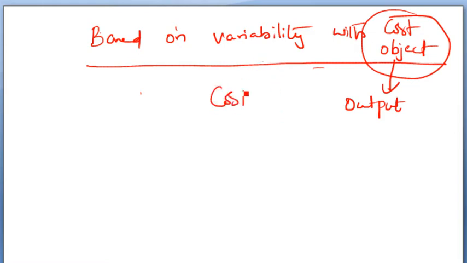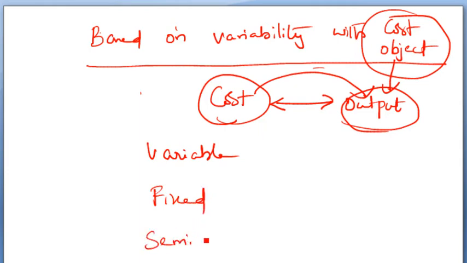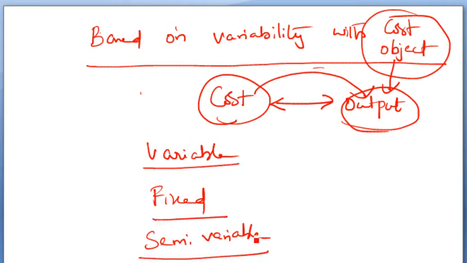Now I'm going to take a cost and compare it with output, and based on how the cost changes in relation to the output, I'm going to classify costs into three categories: variable cost, fixed cost, and semi variable cost.